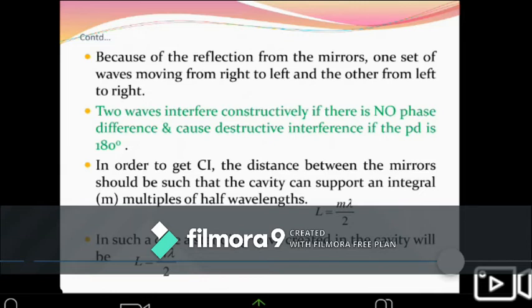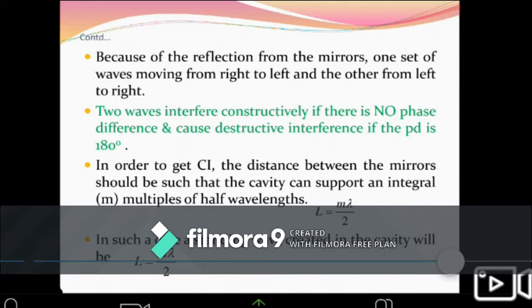To achieve constructive interference, you must maintain the distance between two mirrors in such a way that it is m, integral multiples of lambda by 2, where lambda is the wavelength of that particular laser. You need to maintain this distance, otherwise it results in destructive interference and you don't get the laser output.